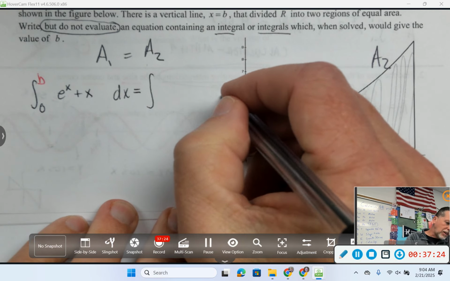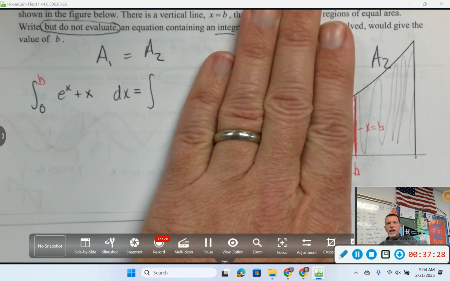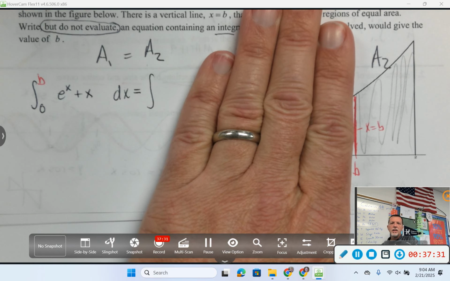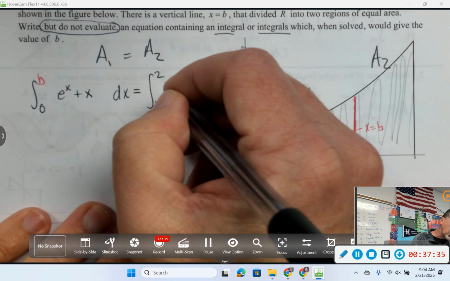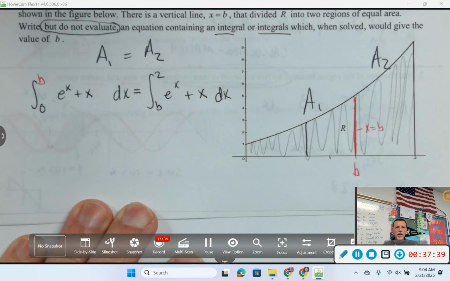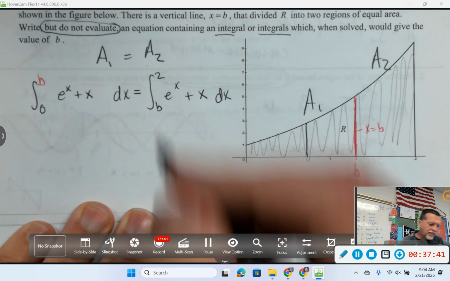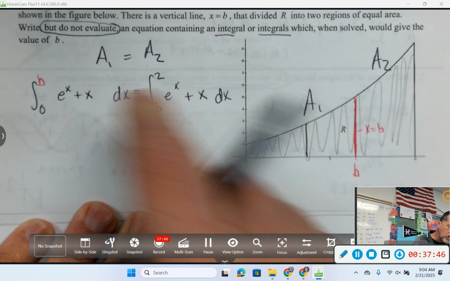A2, also a dx problem. What are my limits on A2? From where to where? B to 2. It's the same equation, so e to the x plus x. And now, let's see if that's it. I have an equation. It contains an integral or integrals. So I've got two integrals.